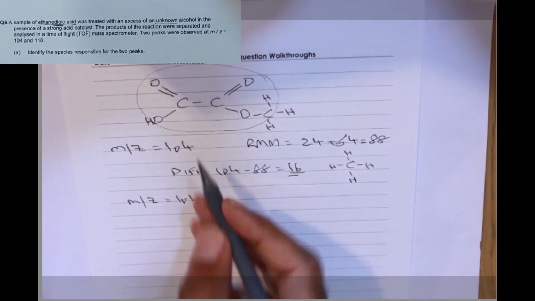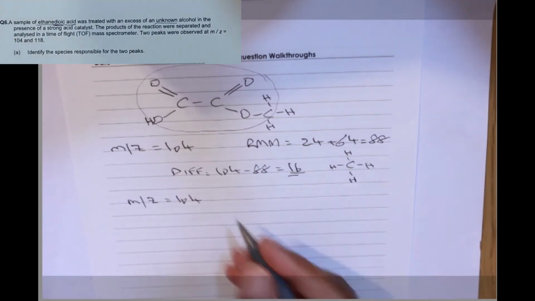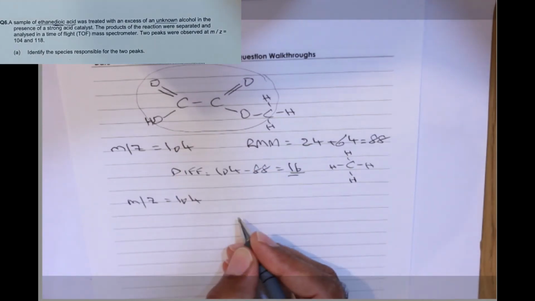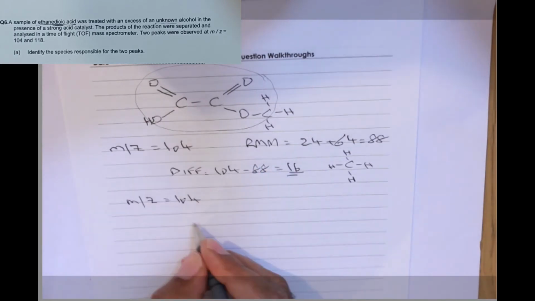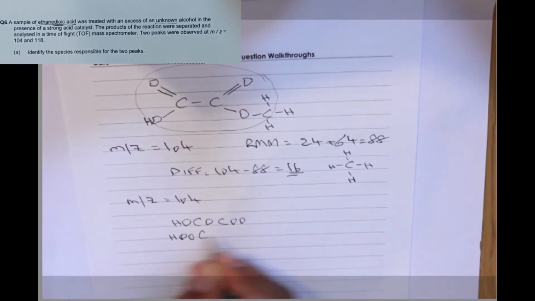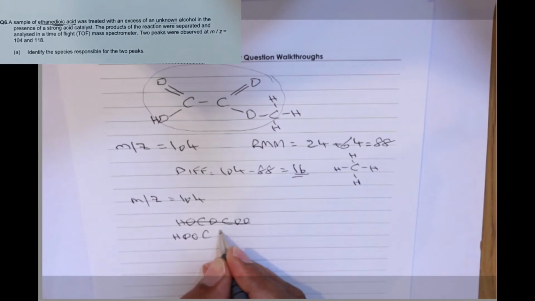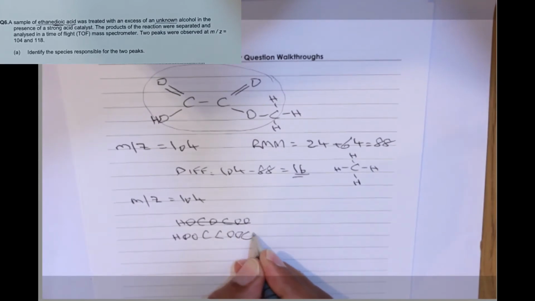You can draw a displayed version or a structural formula. So the structural formula I'm going to do is as follows. It's obviously COOH, and then COOCH3. Now this is the fragment that gives you a peak mass to charge ratio of 104.